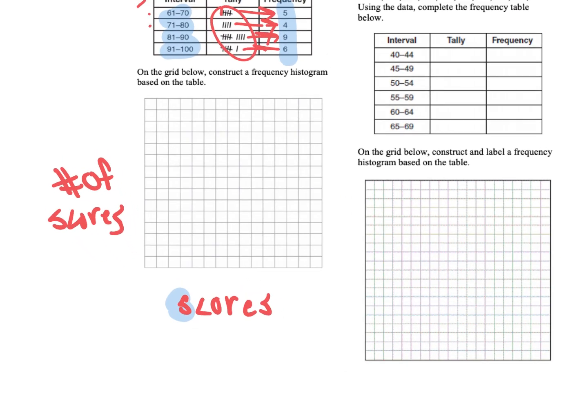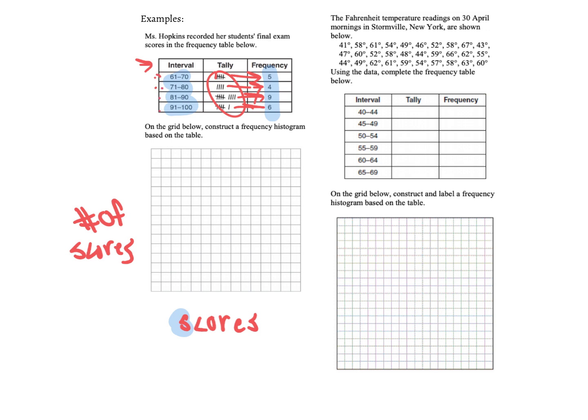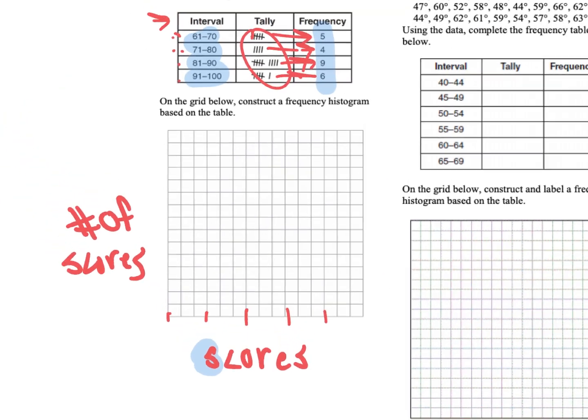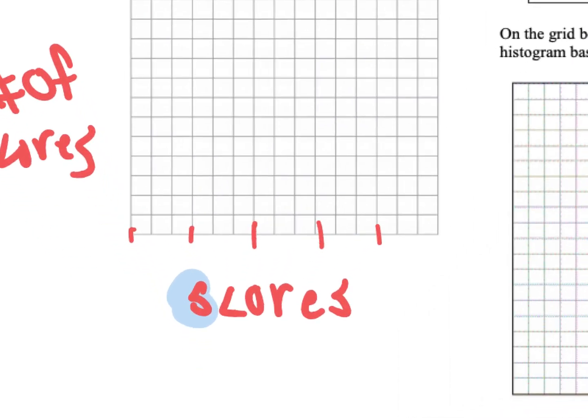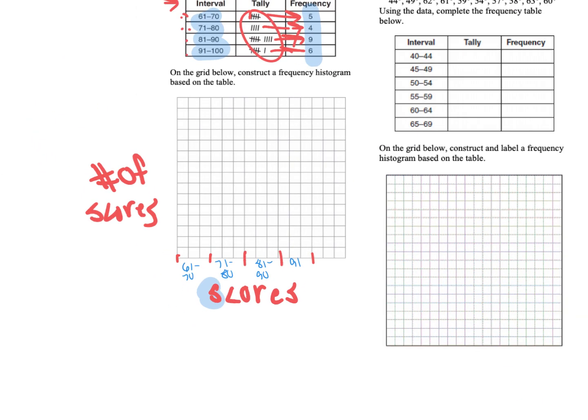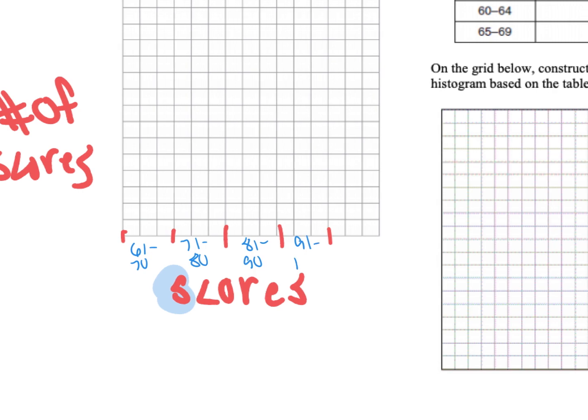We have 4 intervals that we need to put on there, so I'm going to put little 4 sections in here. In this first section, we're going to use 61 to 70, 71 to 80 goes here, 81 to 90 goes here, and 91 to 100.